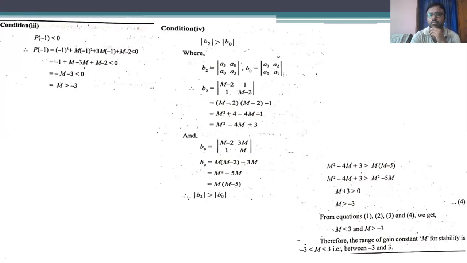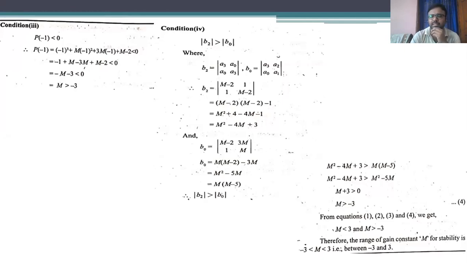Therefore, in order to say this particular system is stable, the range of M should be from minus 3 to 3.